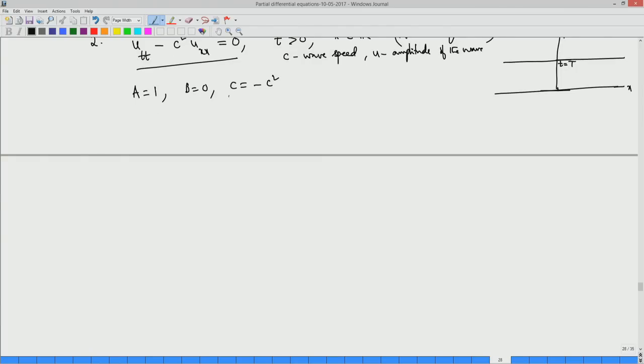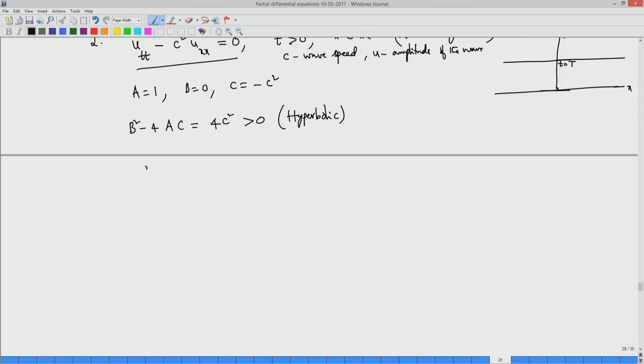So, you consider the discriminant b square minus 4ac, which is equal to, with b as 0, plus 4c square. This is always positive because the wave speed is always positive and 4c square is always positive. So, it is a hyperbolic equation. That is what we know.